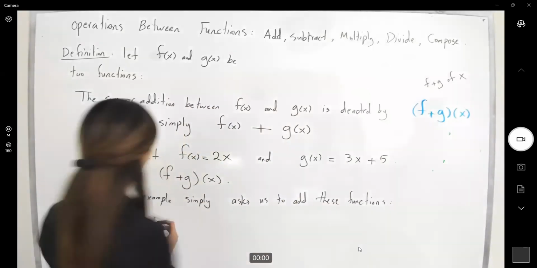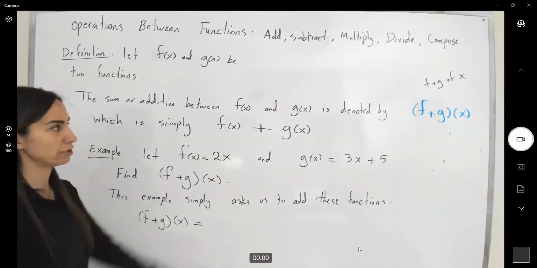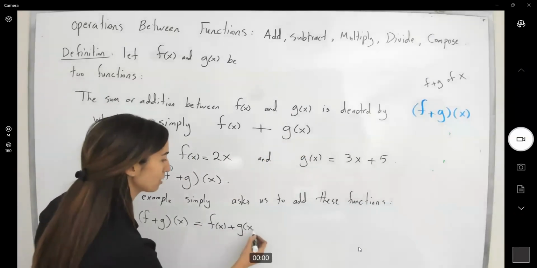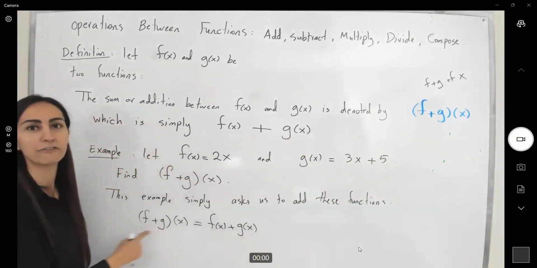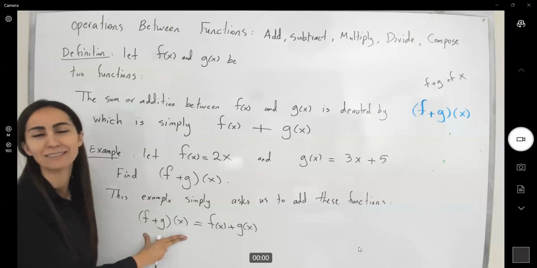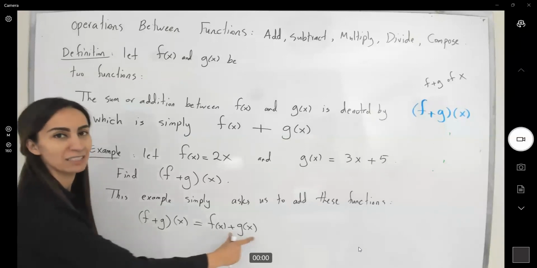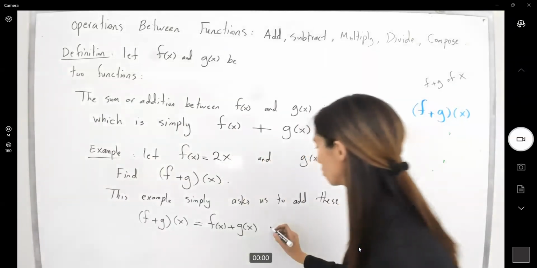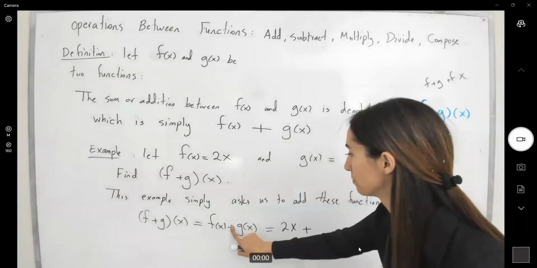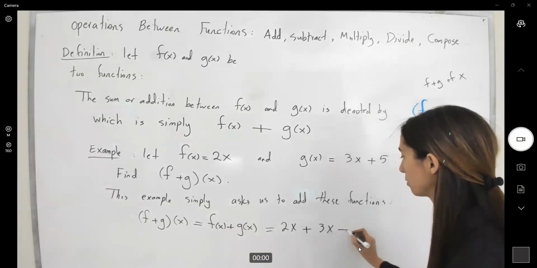How? f plus g of x by definition is f of x plus g of x. Don't let this confuse you. This is just the representation. This is the logo. The meaning is taking f, taking g, adding them together. So what is f? f is 2x plus, what is g? g is 3x plus 5.